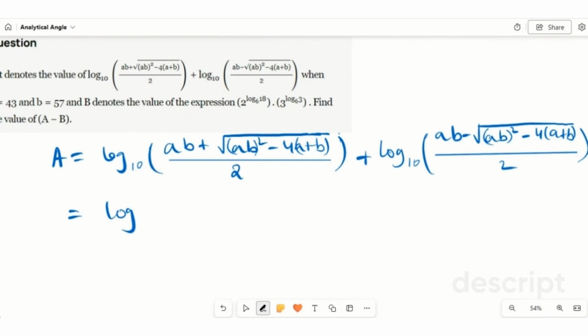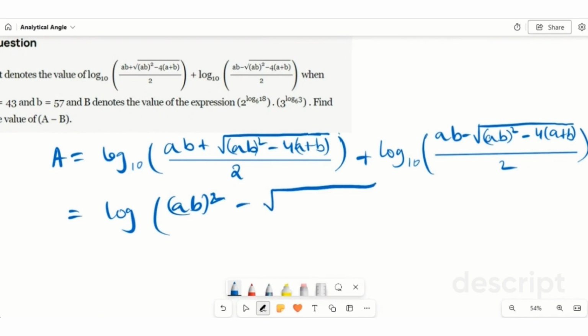So we can write that as log of AB whole square minus square root of AB whole square minus 4 into A plus B, this entire thing that is under the root whole squared, and entire thing divided by 4, because 2 into 2 is 4. I hope you all know that.